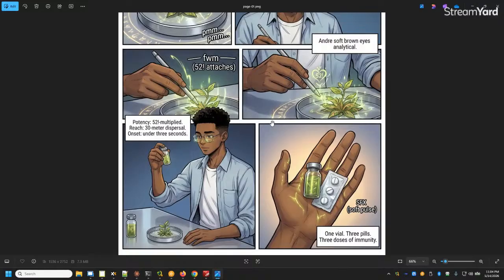I had him apply 52 factorial to a poisonous plant's potency. So if you have a poison that was 52 factorial more poisonous, you drop dead instantly because you wouldn't have time to do anything. Potency 52 factorial multiplied, reach 30 meters. Dispersal, again, you cannot attach 52 factorial to the reach because you would end up poisoning the entire universe.